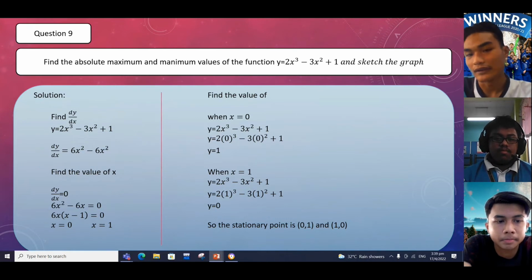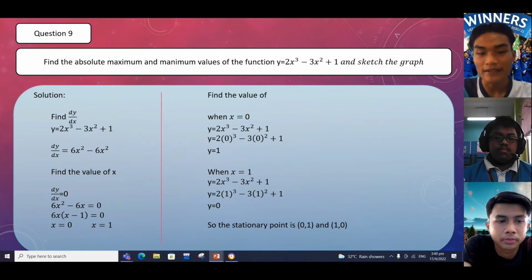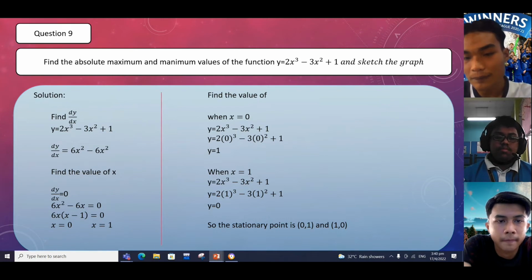When x equals 1, y equals 2x to the power of 3 minus 3x to the power of 2 plus 1. y equals 2 bracket 1 to the power of 3 minus 3 bracket 1 to the power of 2 plus 1.